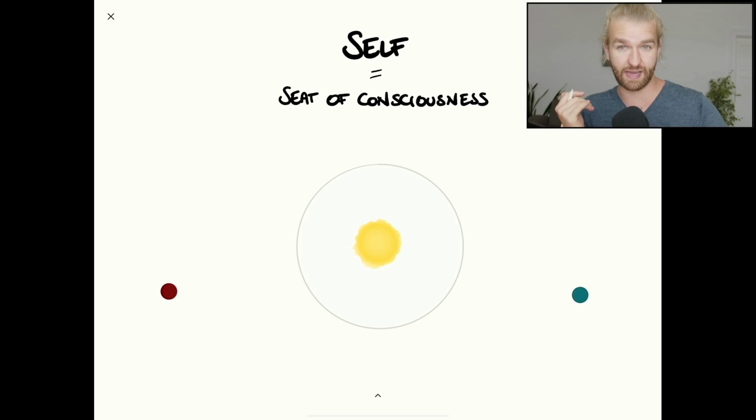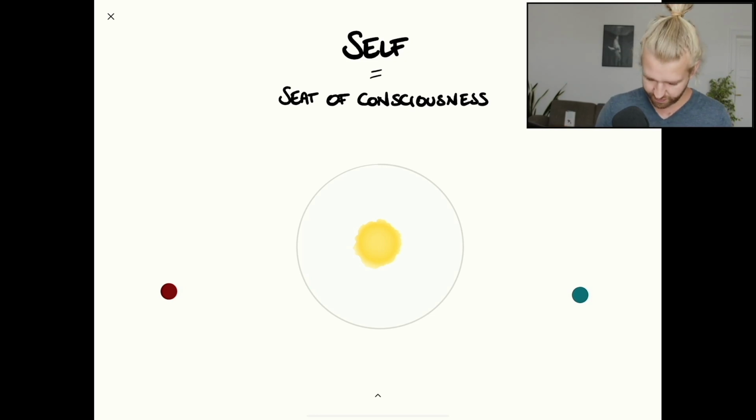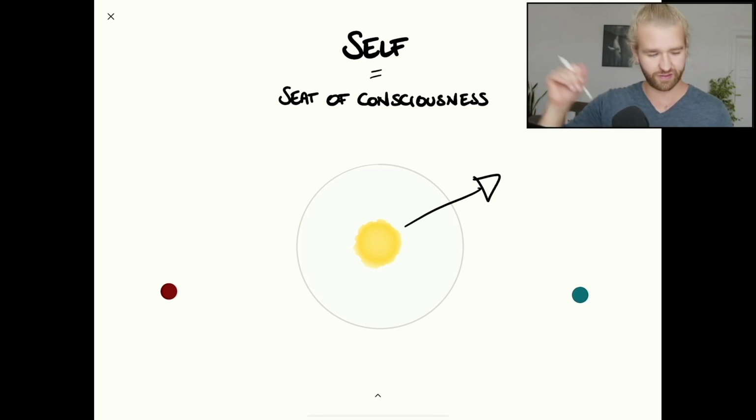One way to understand this is that self is the seat of consciousness, which is a slightly difficult term, but maybe let's look at it like that. We are conscious beings. And usually when we are conscious, we look at things and we are conscious of things. We are thinking about things, trying to understand things.